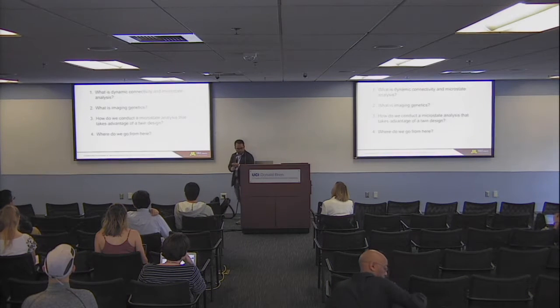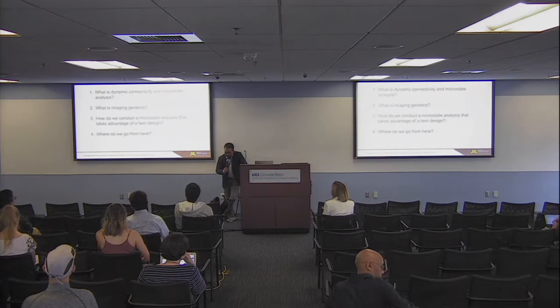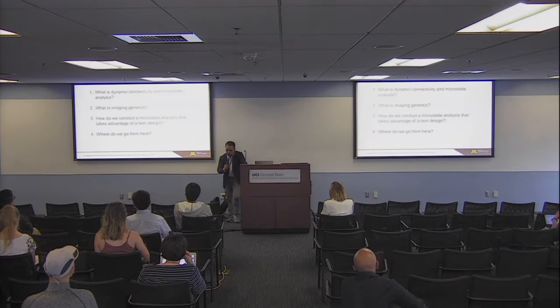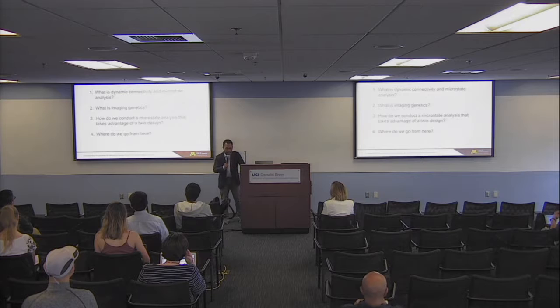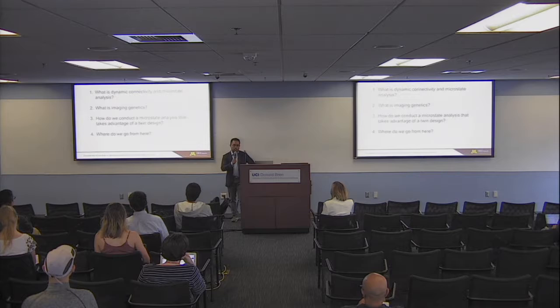There are 4 questions here. I had in my title microstate analysis, but given how the field has been moving, specifically in fMRI, it's been using the term dynamic connectivity. It's very similar in spirit, and then we'll talk a little bit about this. The EEG literature has been more on using the word microstate analysis instead.